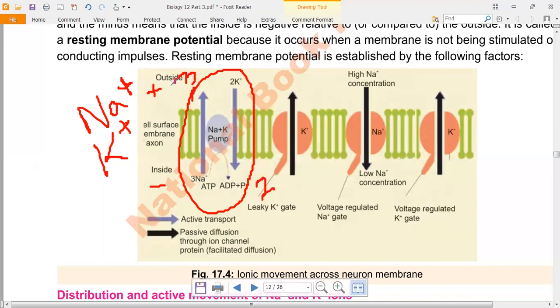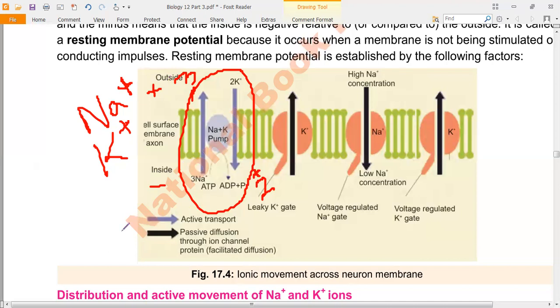So outside there are 3 positives and inside 2, so one more positive outside. Outside we have sodium and inside the membrane we have potassium. So from outside it is more positive than inside.